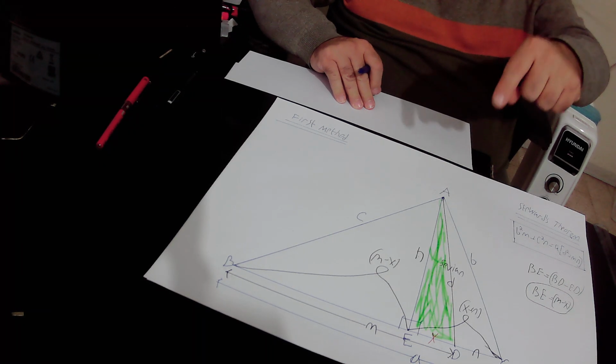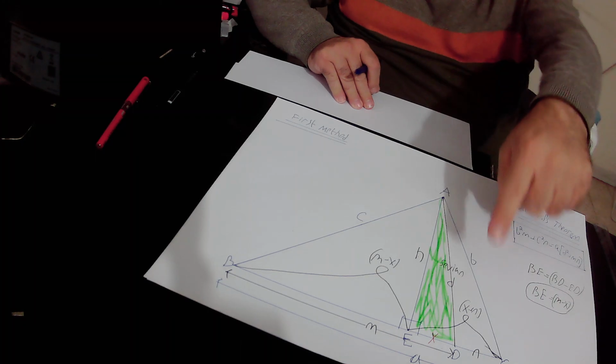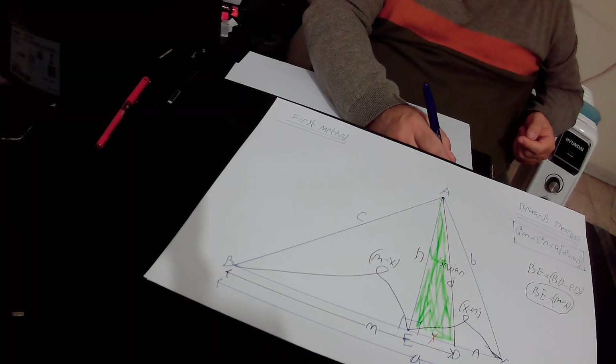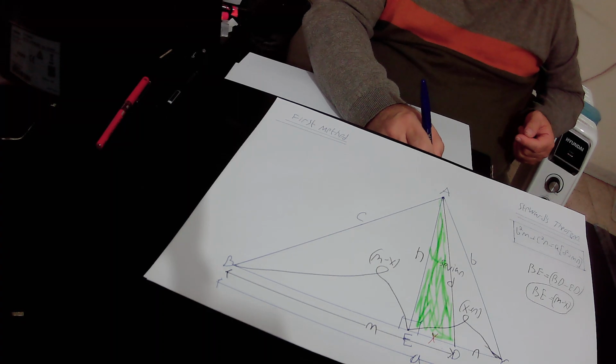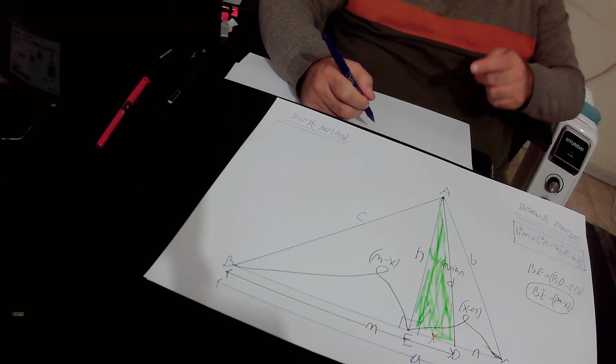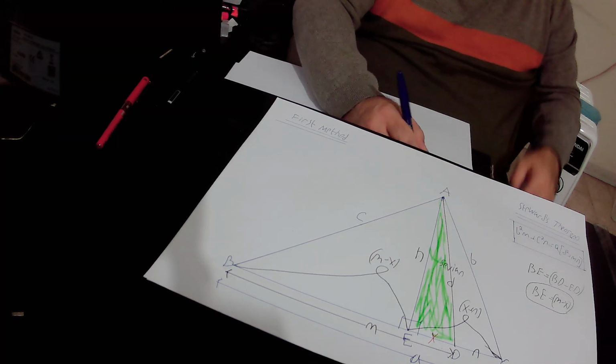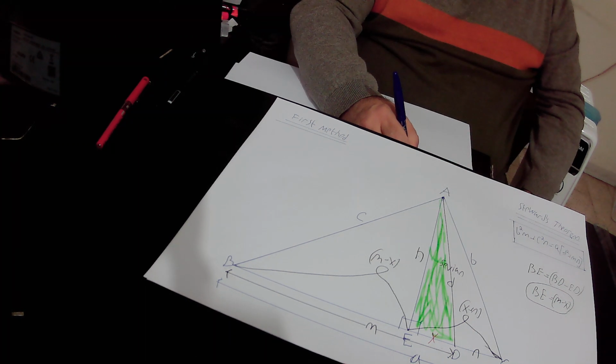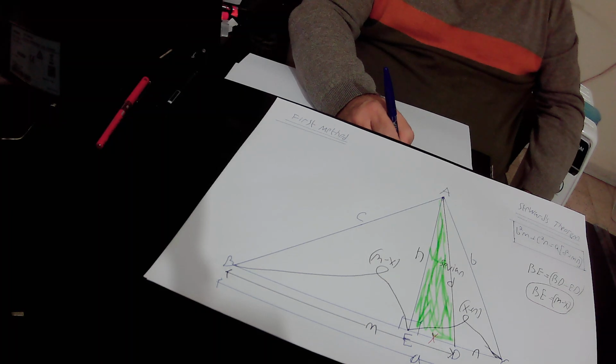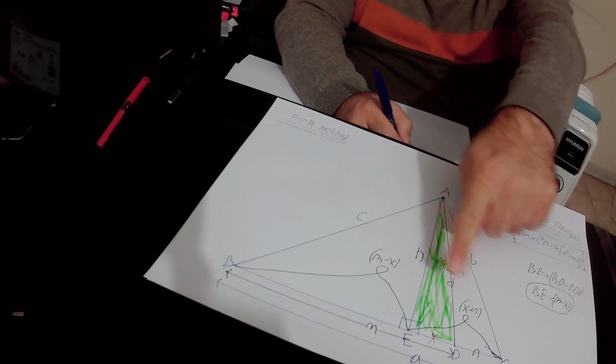In the right green triangle AED, the hypotenuse is AD, and the square of the hypotenuse is AD squared, and it must be equal to AE squared plus ED squared.